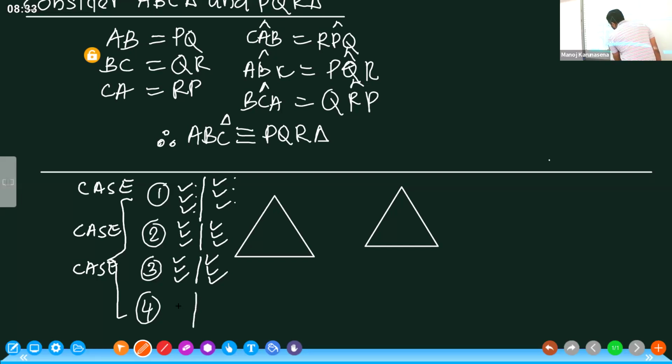Fourth case, special case: 2 elements of a triangle equal 2 elements of another triangle, and the two triangles are congruent. So in this lesson we learn these four special cases where you can prove two triangles are congruent without proving all 6 elements of one triangle equal all 6 elements of the other. Is that clear?